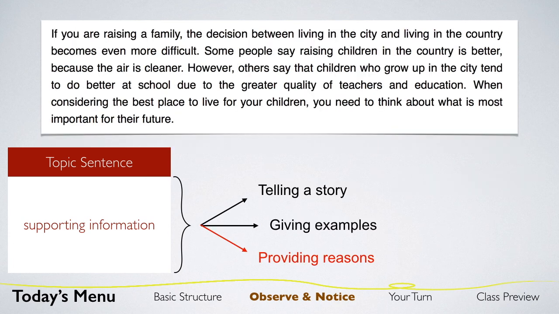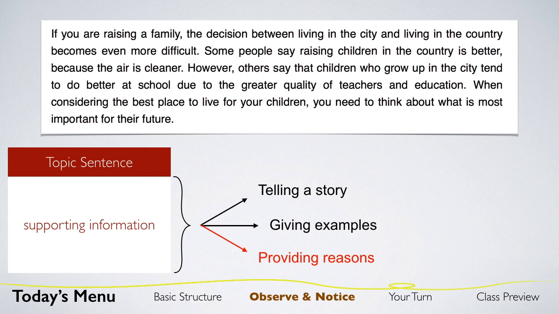The third point I'd like to make today is about providing reasons. Because is a favorite word for people wanting to give reasons for their opinions or actions. In this paragraph, the topic sentence tells us that we are going to be looking at how having children affects the decision of whether to live in the city or the country.